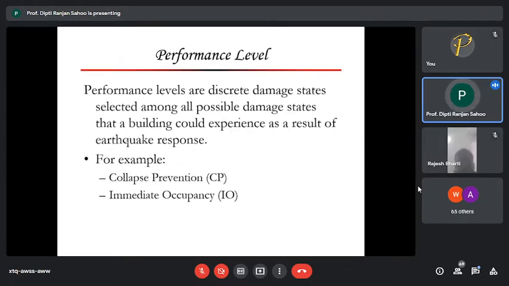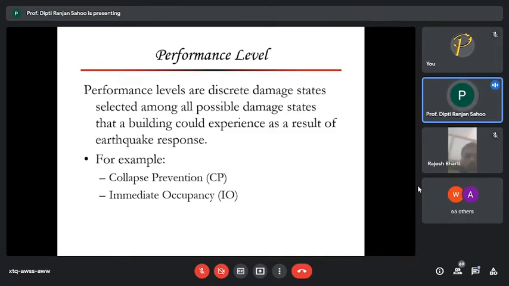When I talk about structural performance, it actually indicates some unique or discrete damage states among all possible damage states a building may be subjected to during an earthquake. For example, immediate occupancy. Immediate occupancy means an earthquake hits that structure, and after the earthquake, the building is safe to be occupied immediately. Or collapse prevention.